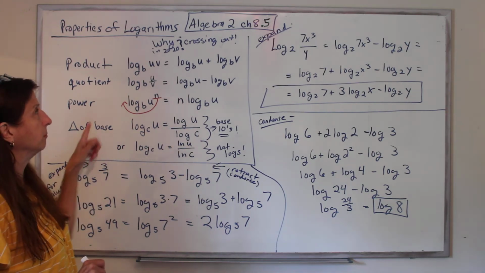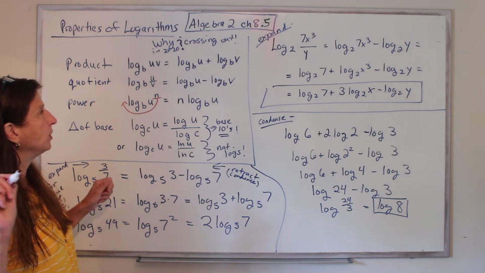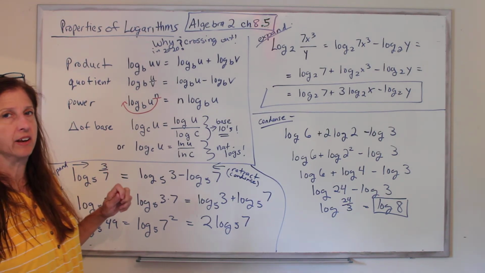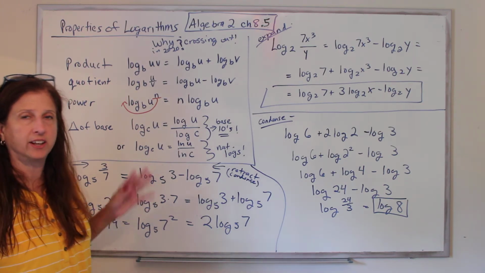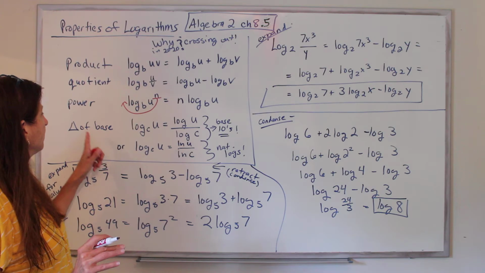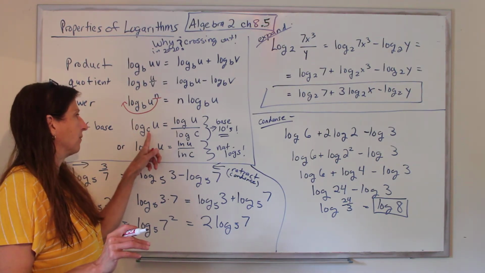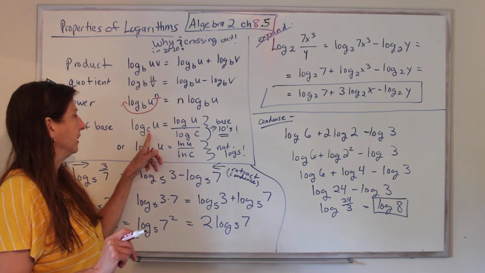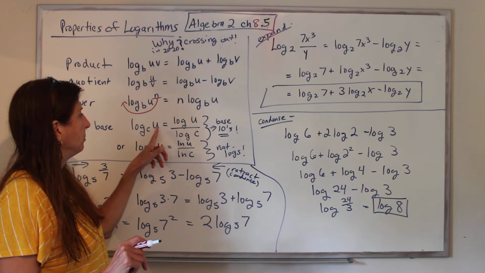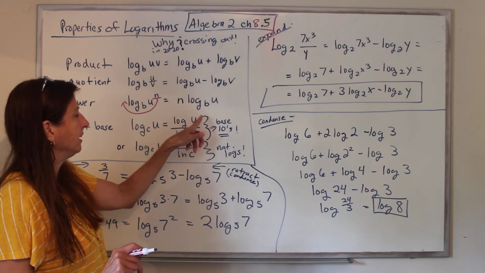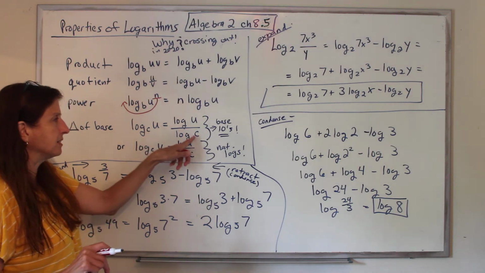This used to be really important back in the day because we didn't have where you could do different bases on our calculators. When we finally got calculators that could do logs, they could only do base 10. So there's a thing called the change of base formula. If you have a log of some base that's not 10, and then this is your number here, you can put log base 10 of that number on top and log base 10 of the base on bottom.